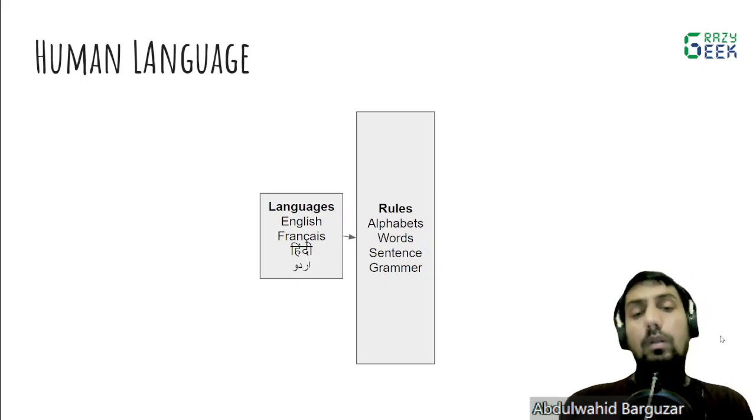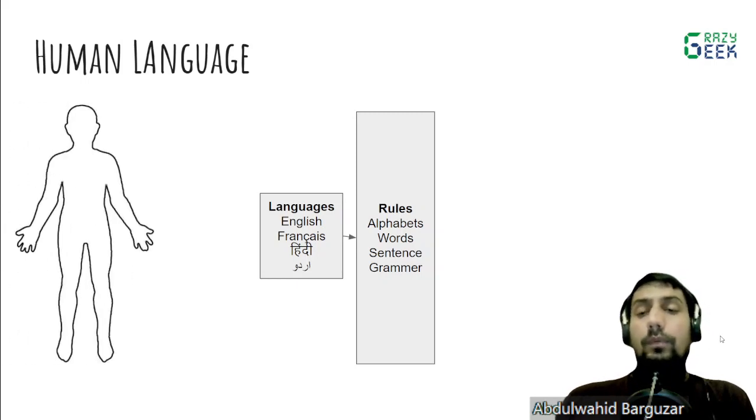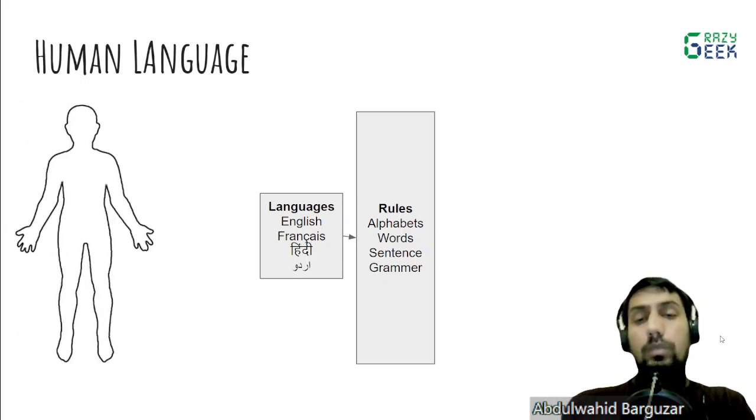So overall, the grammar plays an important role in forming a sentence, which will be considered correct if the grammar is correct. All right, and now we will understand how we use this language and how we communicate with each other.